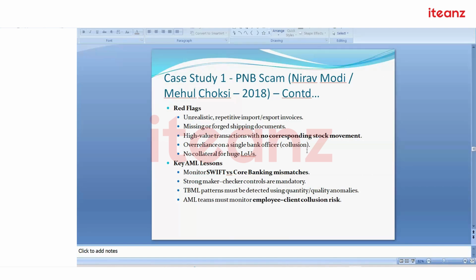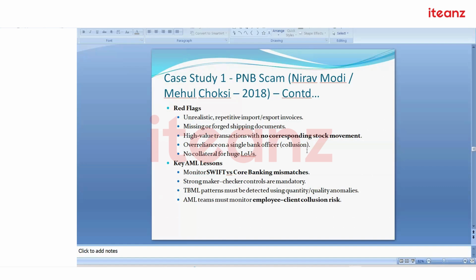This guy says no, I don't have all these documents, and the banker says okay, you can do some forgery, prepare these documents and give them, I will take it up.